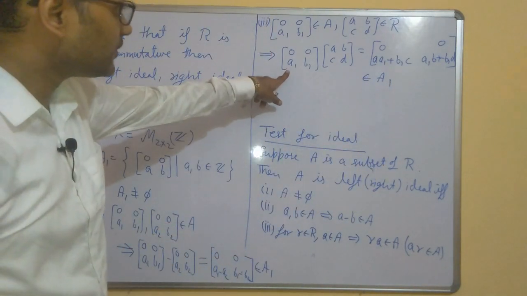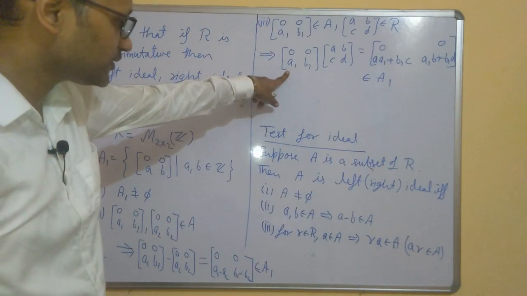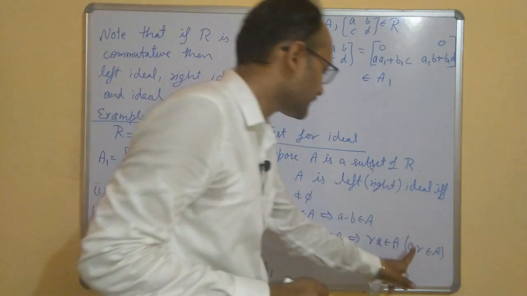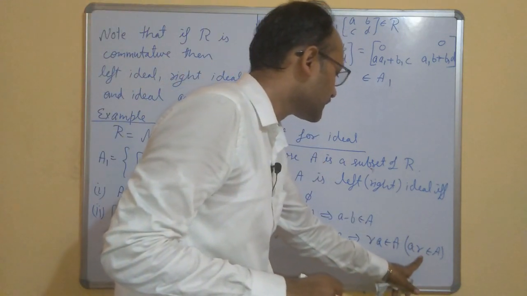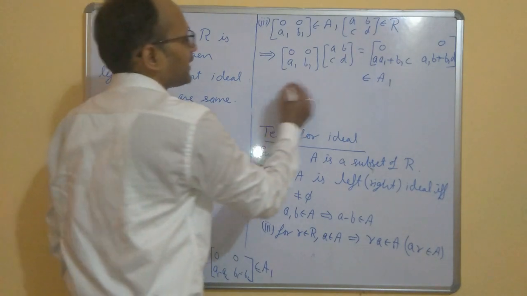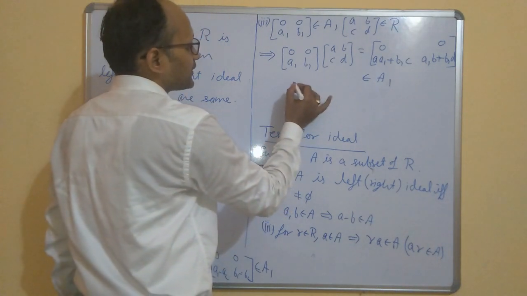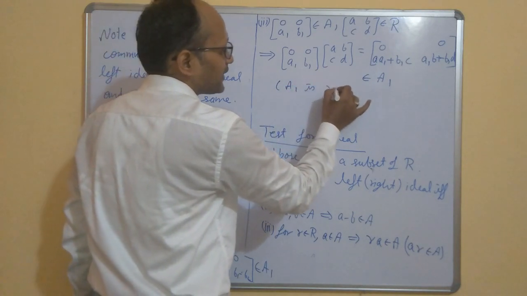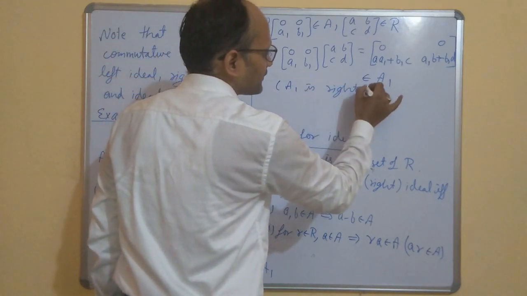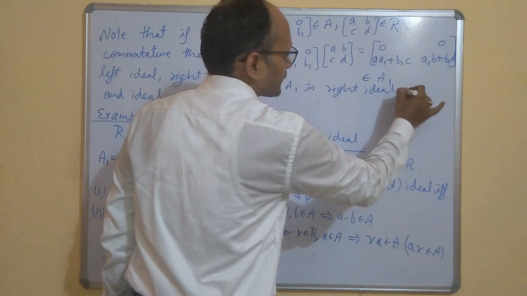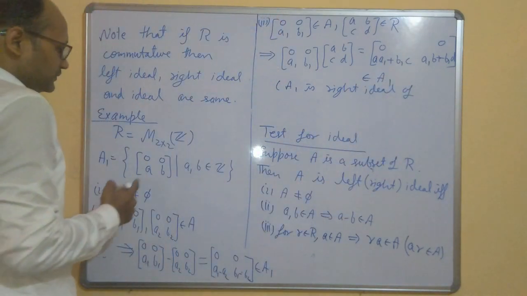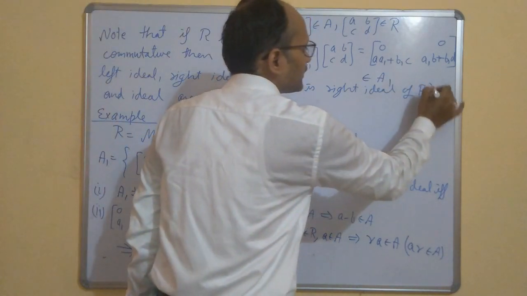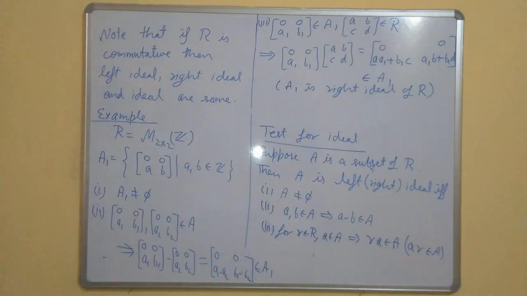So now here this element is on the left side, and the ring element is on the right side, so it is a right ideal. So this implies A1 is a right ideal of R. So this is an example of a right ideal.